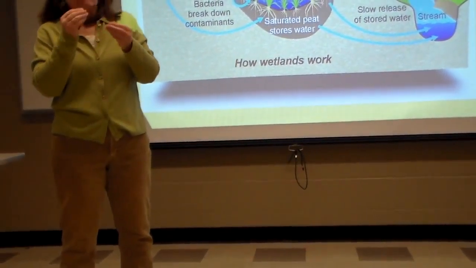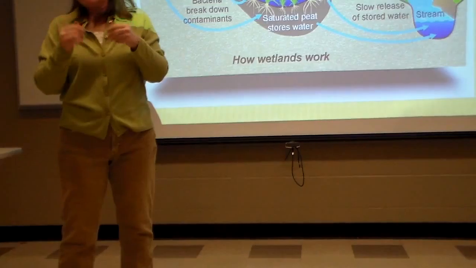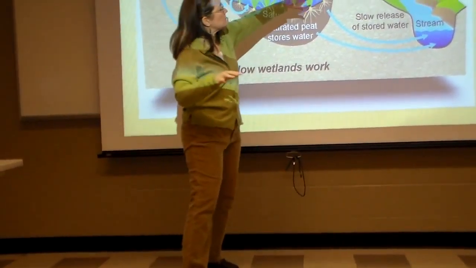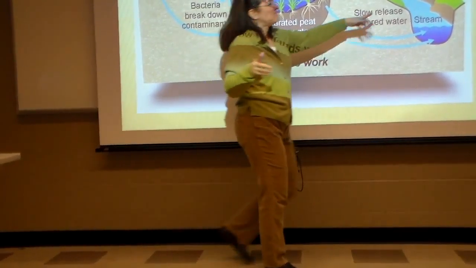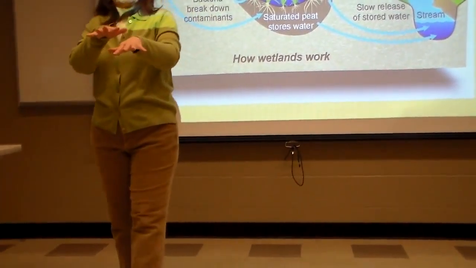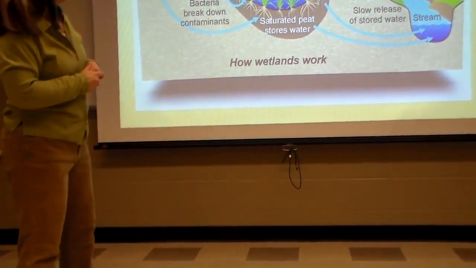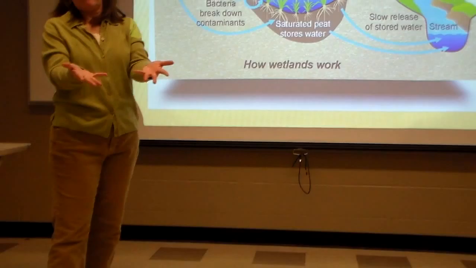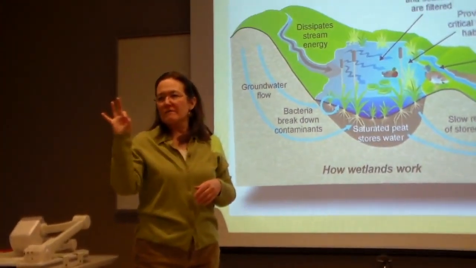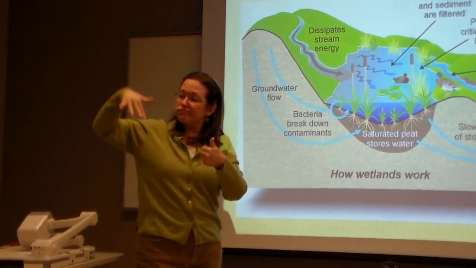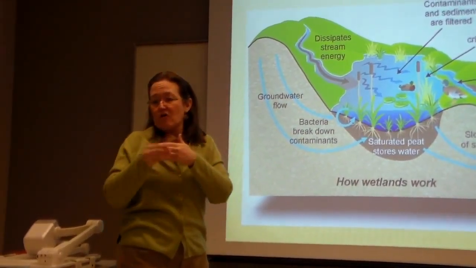This describes how wetlands work and how the filtration works. If you notice up here in these photos, it's showing you how the water filters through. The land up top here is possibly from a farm that's a runoff.